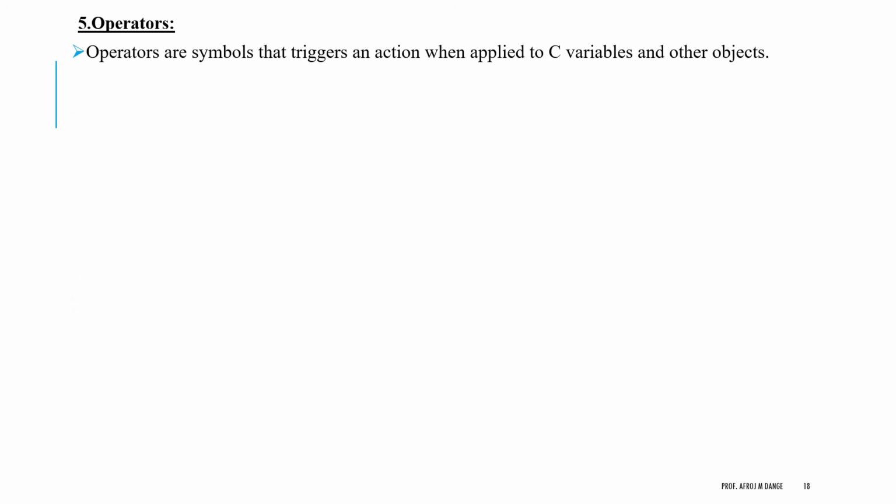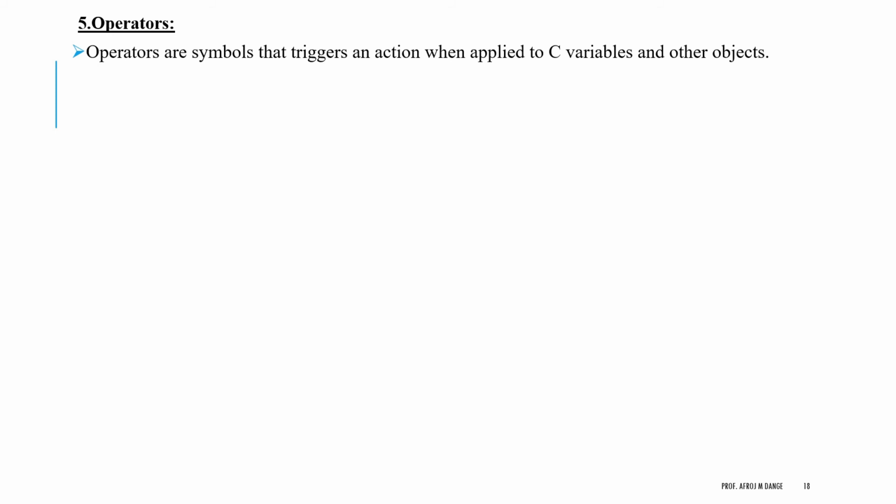Operators in C. Operators are symbols that trigger an action when applied to C variables and other objects. Operators are the foundation of any programming language. Thus, the functionality of C and C++ programming language is incomplete without the use of operators.